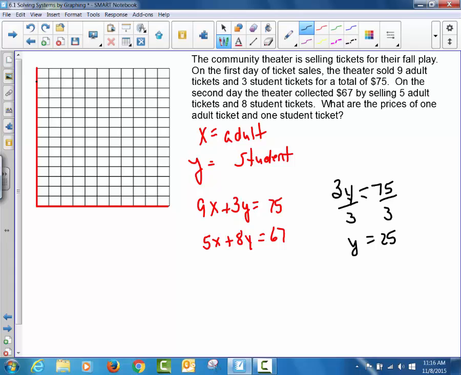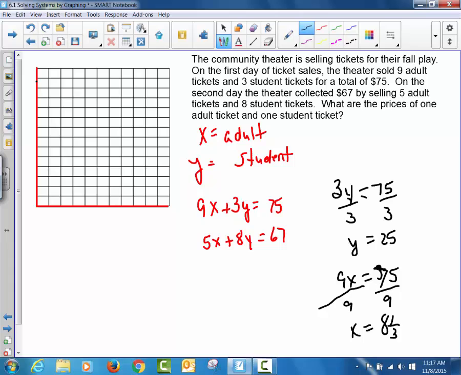Okay, now we need to find the x-intercept. To find the x-intercept, we're going to let the y equal 0, and that leaves us with 9x equals 75. We divide by 9 on both sides, and that gives us x equals 8 3/9, which would be 8 1/3.